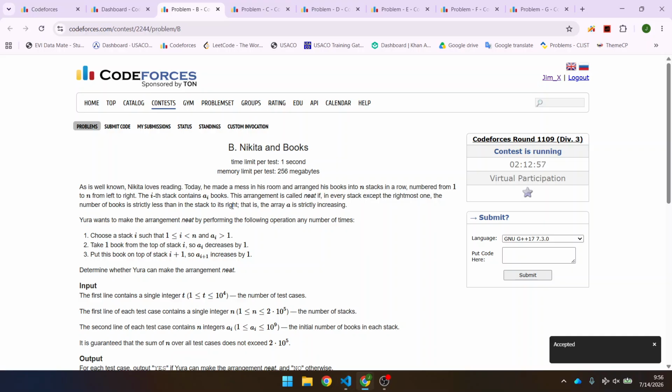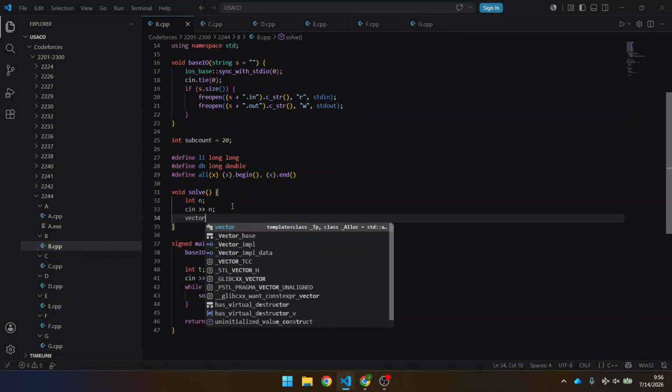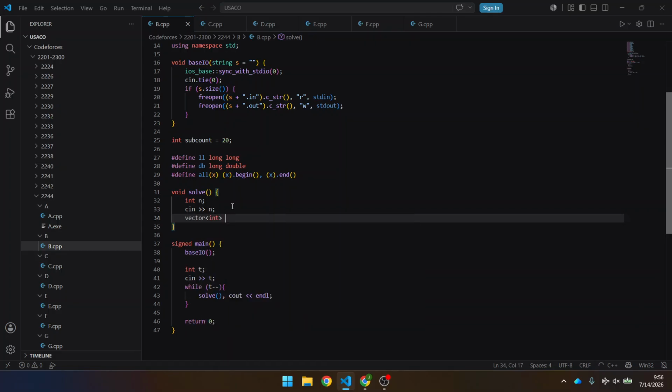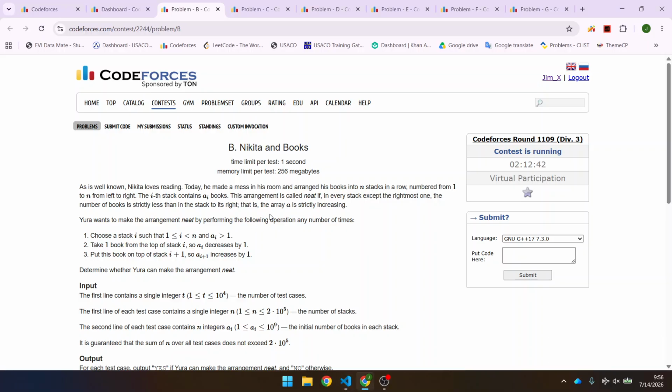Next problem. Okay, so int n, cin n, have a vector. Arrange books into n stacks in a row, numbered 1 to n from left to right. The i-th stack contains a_i books.